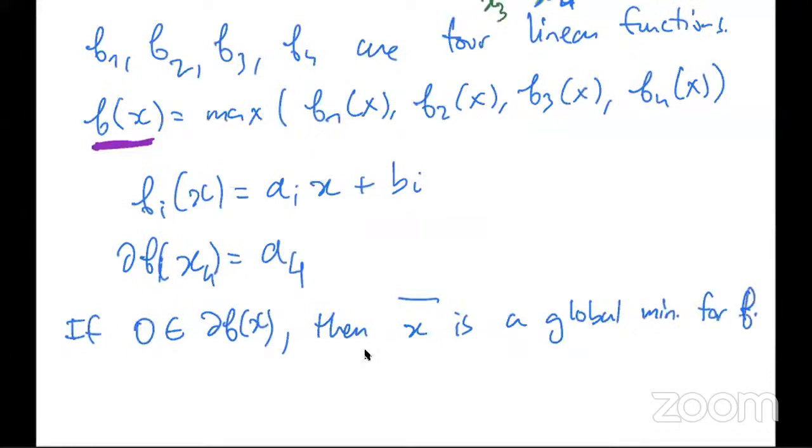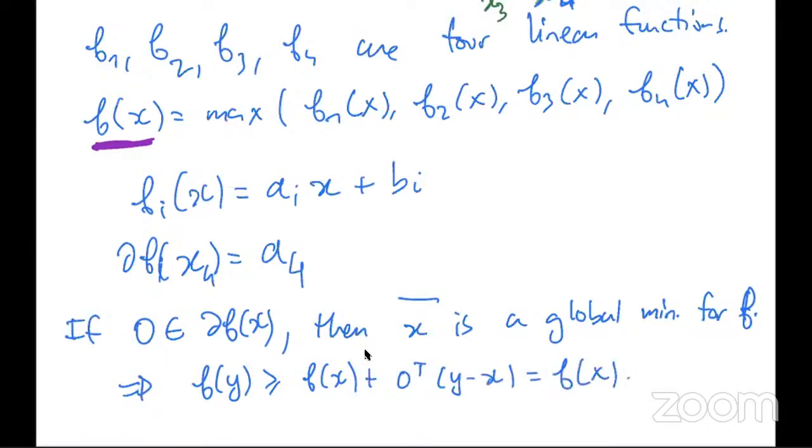This is because what I have is that f of y is bigger than f of x plus 0 transpose (y minus x), which is equal to f of x.